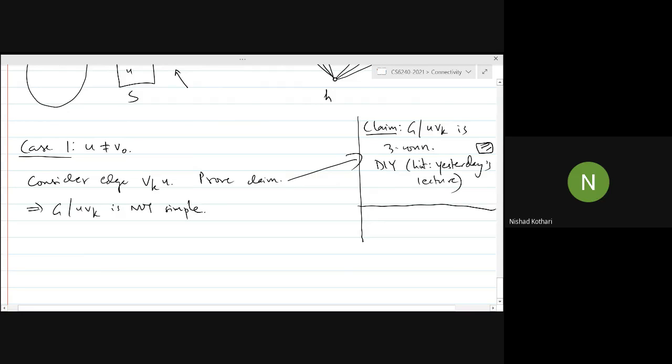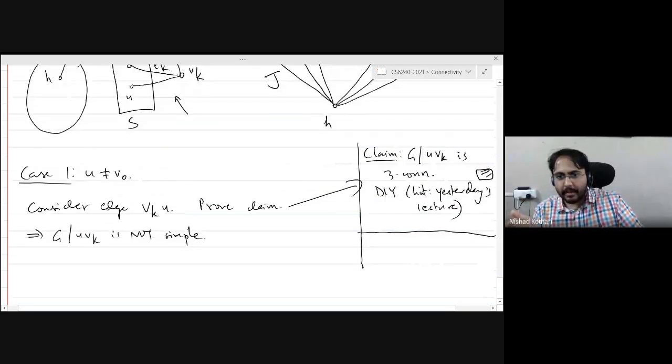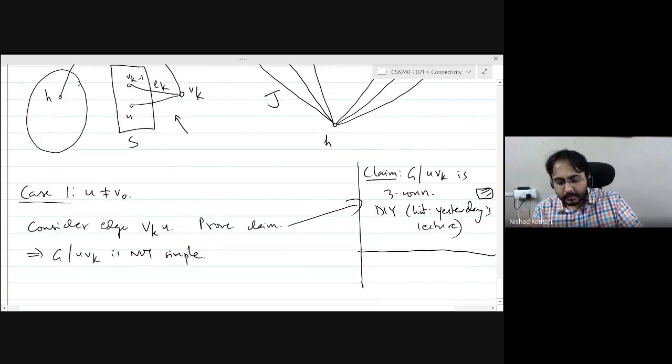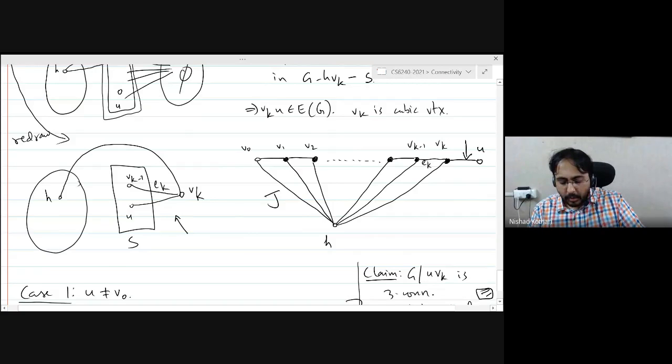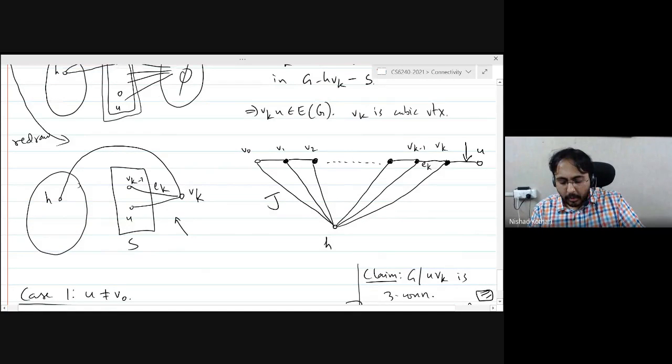But what does that mean? If you can contract an edge and maintain 3 connectivity, but you lose simpleness, how is it possible? It means that the two ends of this edge have a common neighbor. The edge belongs to a triangle, right? So u and vk must have a common neighbor.